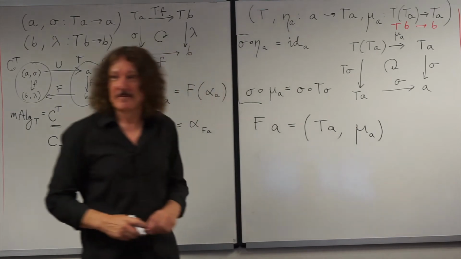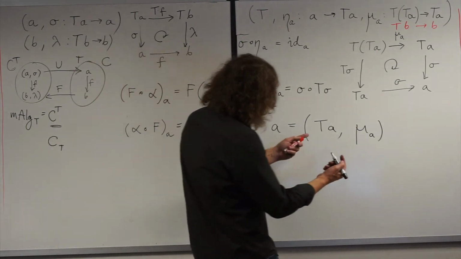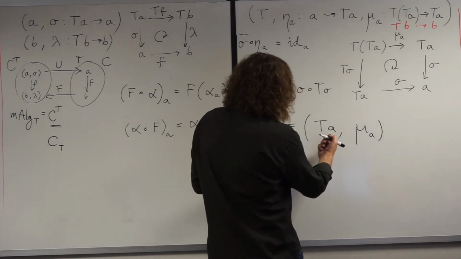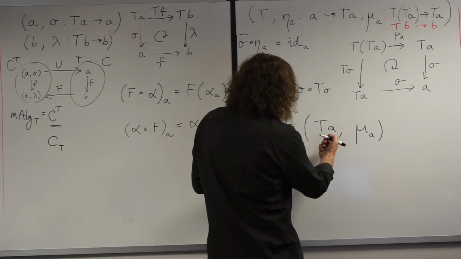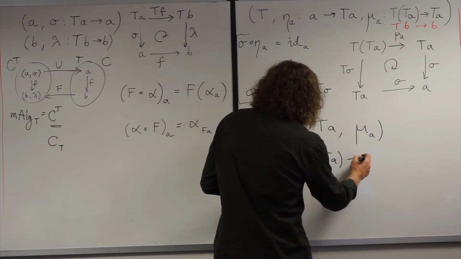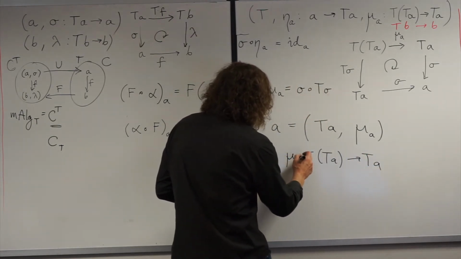Because what's an algebra that has a carrier TA? It has to go from TTA to TA, and this is exactly what mu A does.